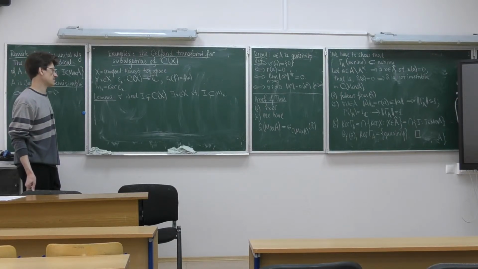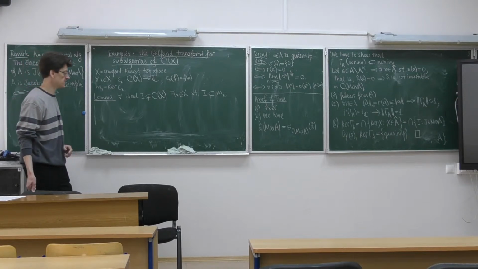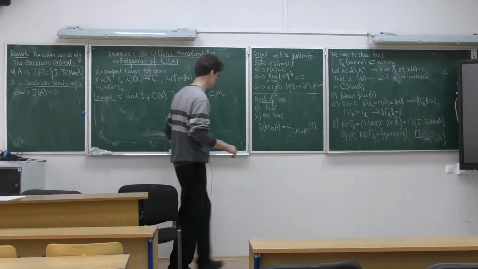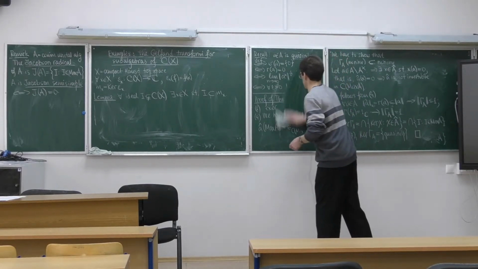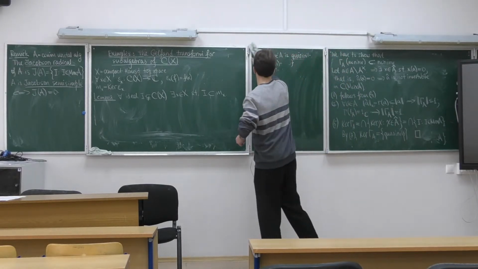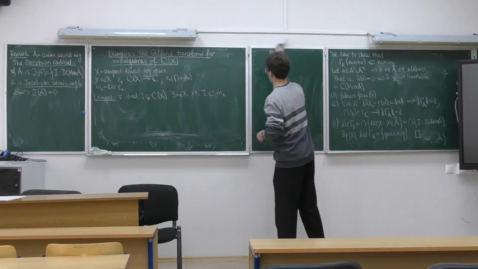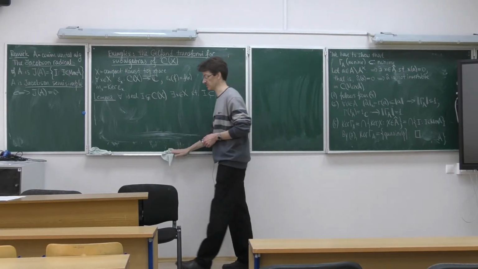In some sense, this lemma can be interpreted as a weak form of Nullstellensatz for the algebra C(X). But of course, the proof is much simpler than the classical Nullstellensatz for polynomial algebras, because of some special properties of the algebra of continuous functions.